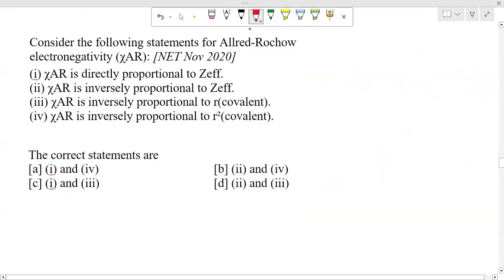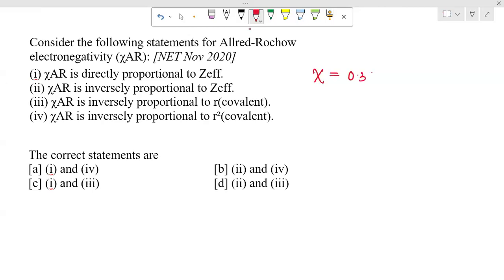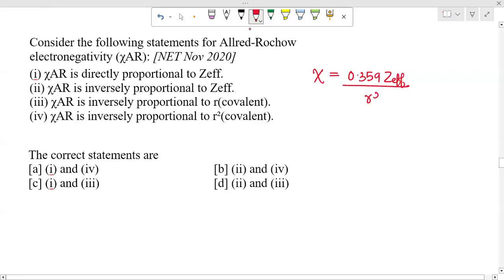A repeated question from Allred-Rochow electronegativity. According to the Allred-Rochow electronegativity equation, electronegativity is equal to 0.359 Z effective divided by the square of the covalent radius, plus 0.744. What are the statements?